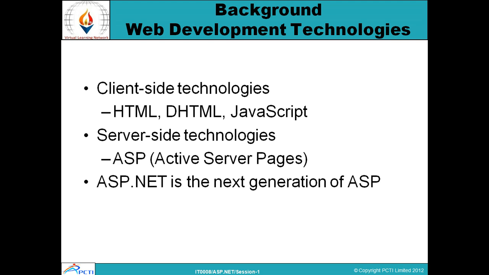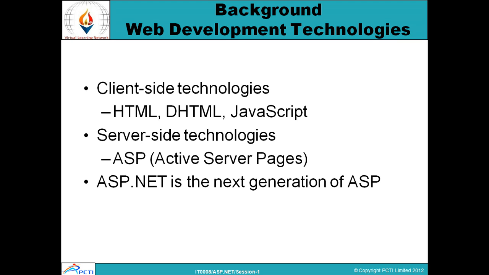Client-side technologies basically include HTML, DHTML, JavaScript. These are the technologies which are supported at the client side. Means a client computer, using HTML coding, that is the hypertext markup language, DHTML, JavaScript languages and script mechanisms, can communicate with the server.